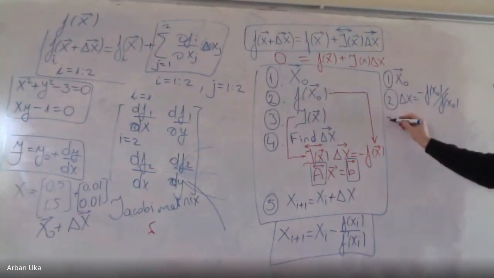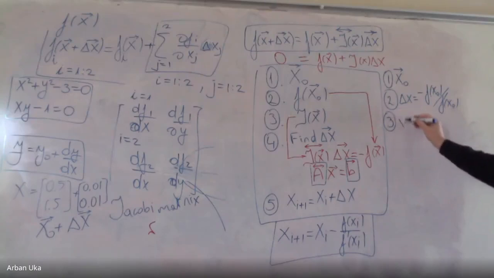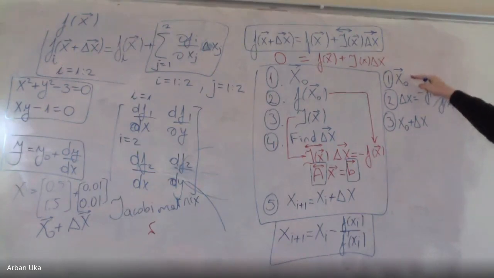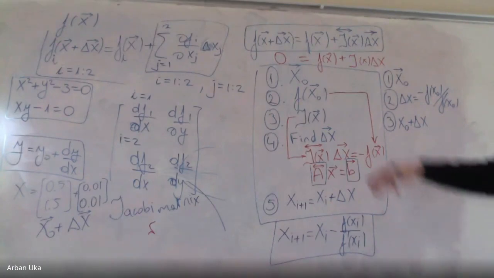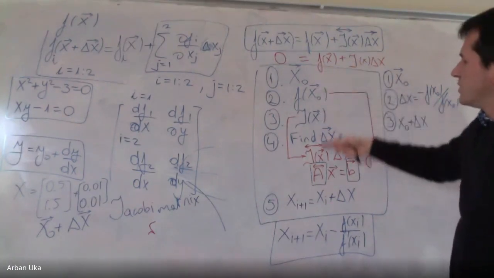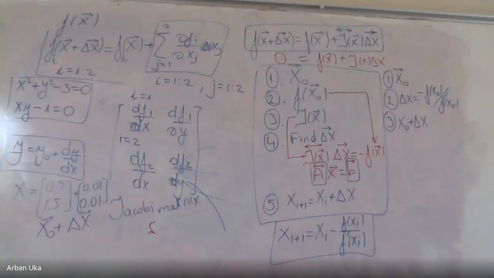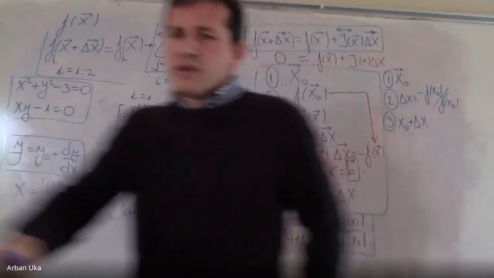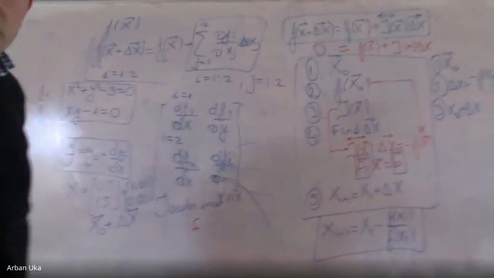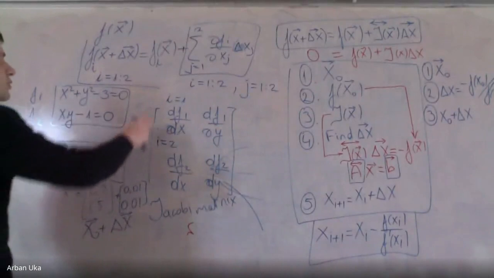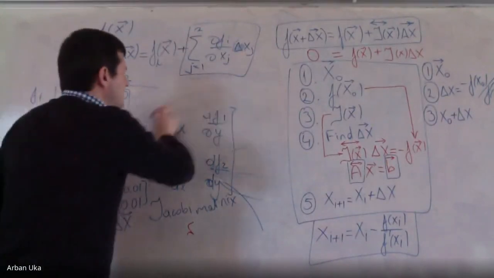Then the third step is simply x0 plus delta x. This would be the new value, right? So this is what we have done so far in the Newton-Raphson method. Now we have a vector. The Newton-Raphson method is changing a little bit, but more than difficult, it's really a nice exercise to work with. So let's have a look now.